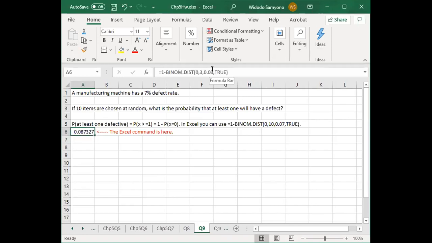But maybe, because x equal to 0 is only one value, you cannot have less than 0.